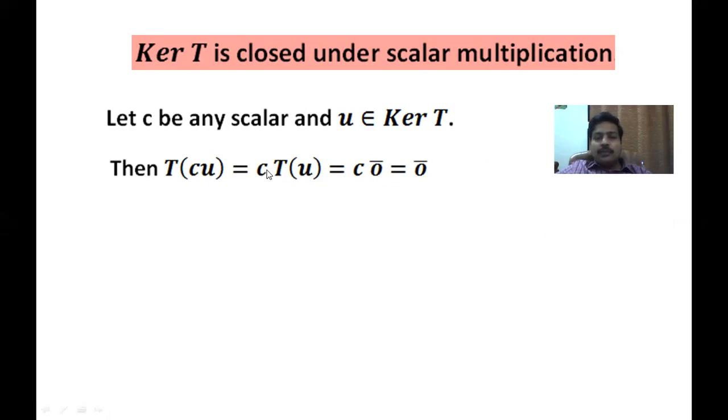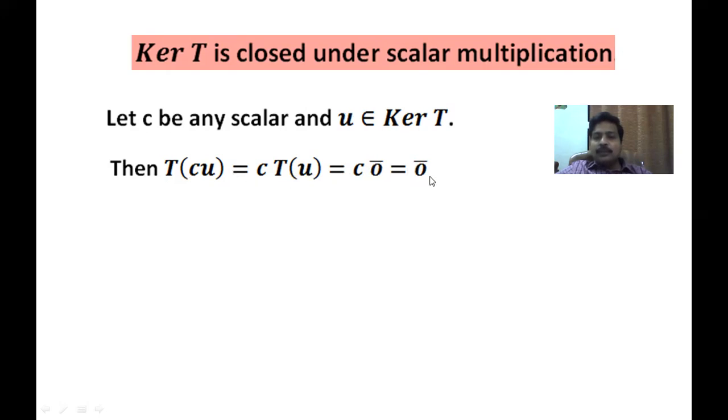C times T of u. T of u is already O bar since u is in kernel T. So C times O bar is equal to O bar. This is one of the properties of vector space W. Since these are all in W, W is a vector space.